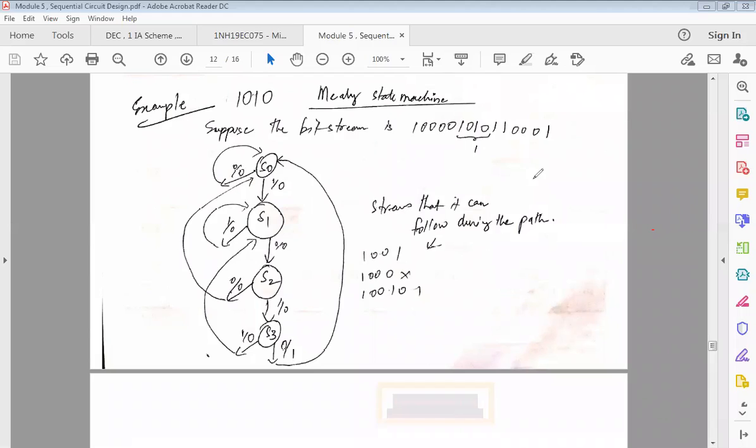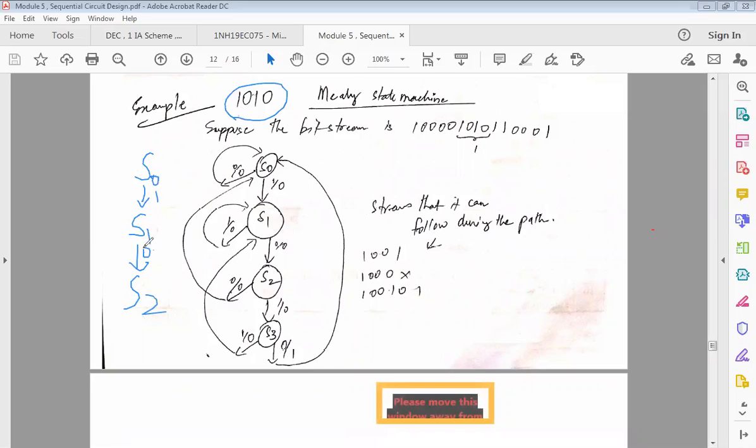Now I will look at my question, which is 1010. Initially I will have state S0, and if I get 1, then I will move to S1. Next, from state 1, I will move to state 2.